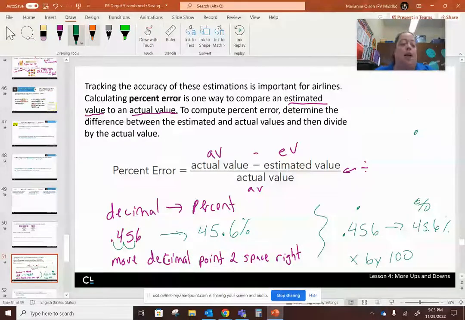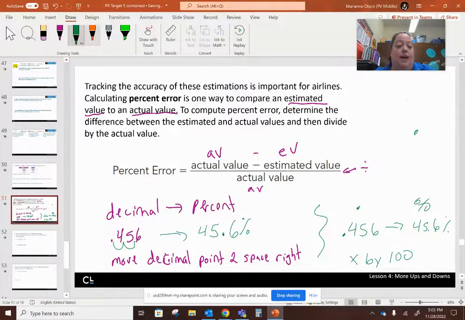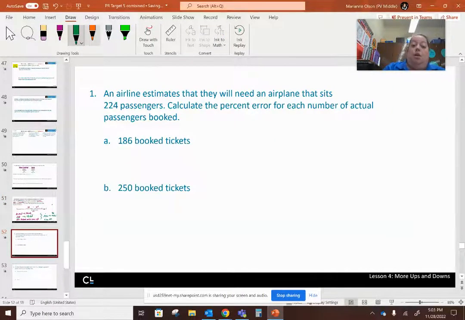All right, so we're going to calculate the percent error based off of that. So you're going to do this one. I'm going to do this one. So an airline estimates that they will need an airplane that sits 224 passengers. So they sold so many, and they're like, oh, we sold a lot of this flight before.